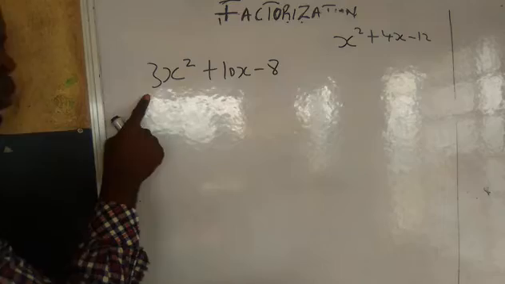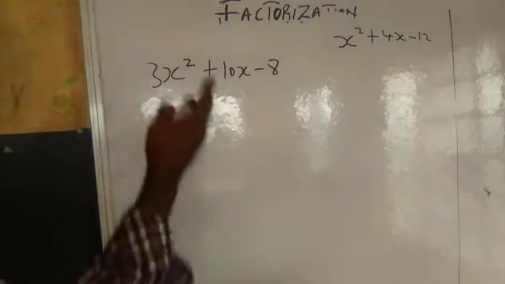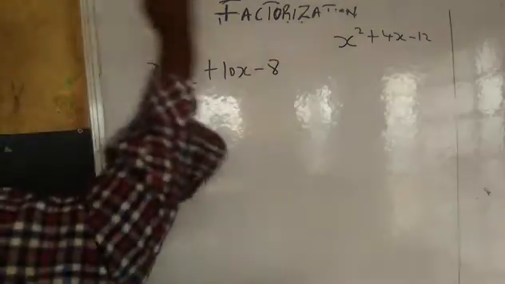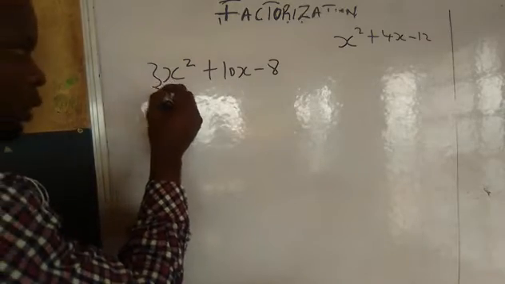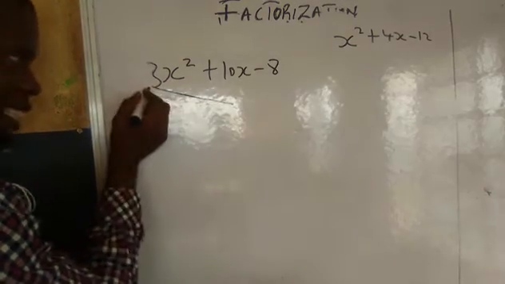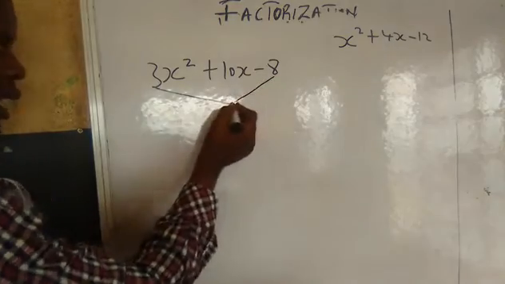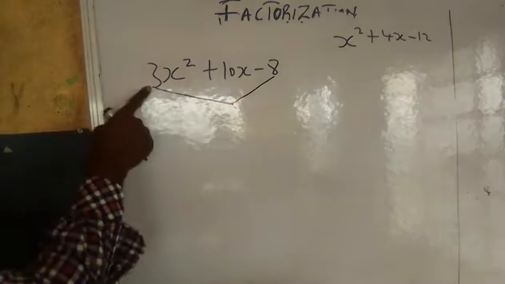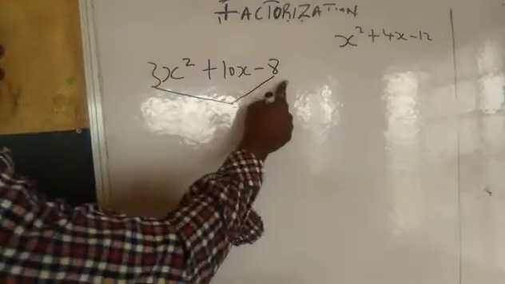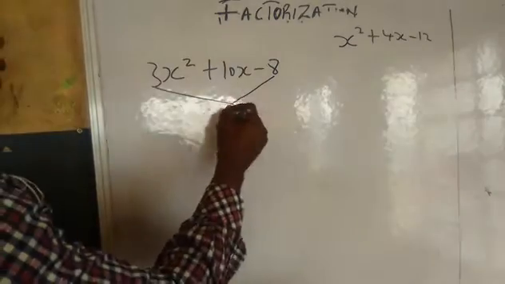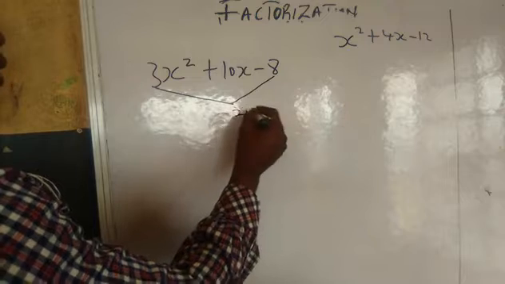So anytime you have a visible coefficient, from 2, 3 upward, what you do now is you multiply the coefficient here, 3, by the 8. That is when it's visible, not 1. If it's greater than 1, you have to multiply these two together. So when you multiply this, it's going to give us 3 times minus 8, minus 24.